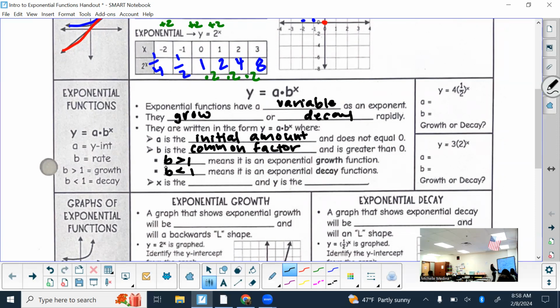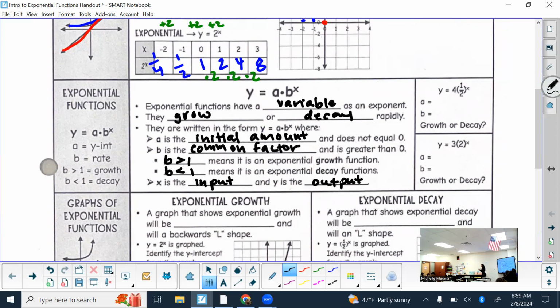Anyway, down here, x is the, what do we usually call our x's? We call it a bunch of different things. I think what it's going for is input, and y is the output. So in that case, I usually tell you x is almost always time.